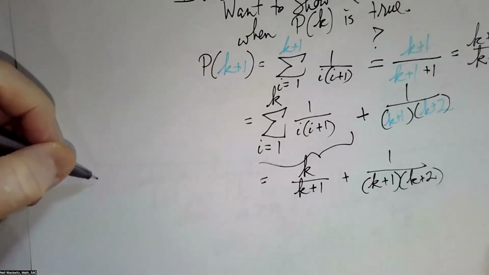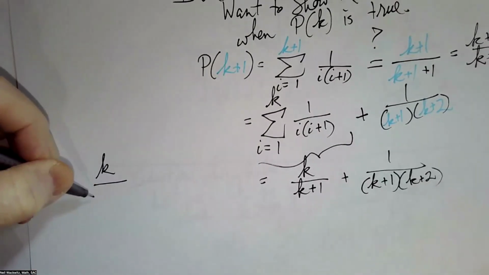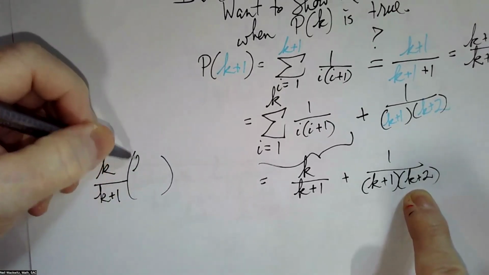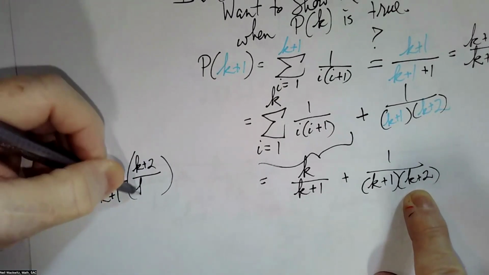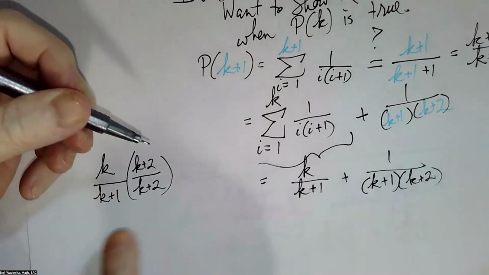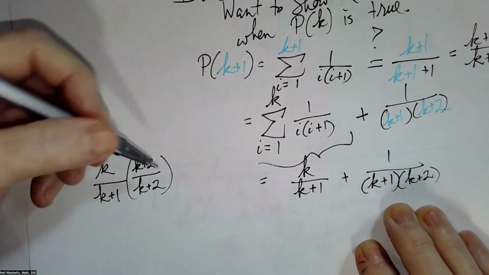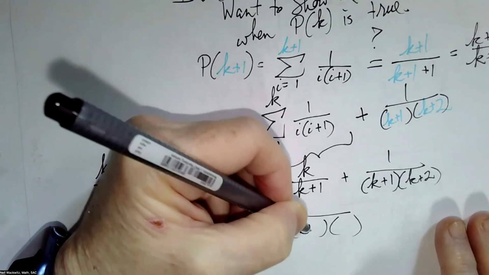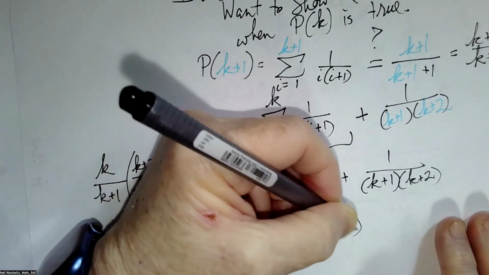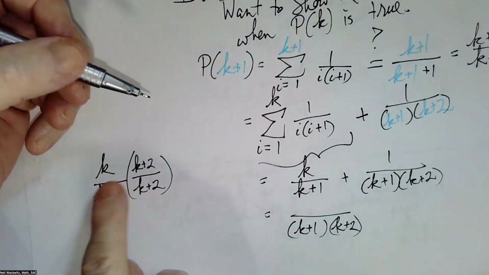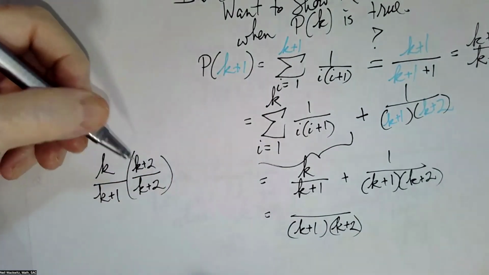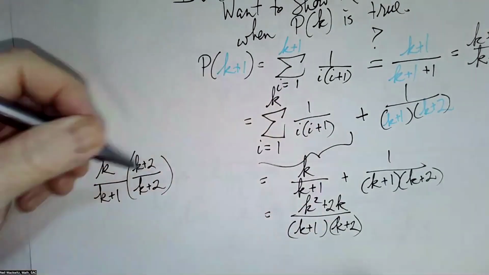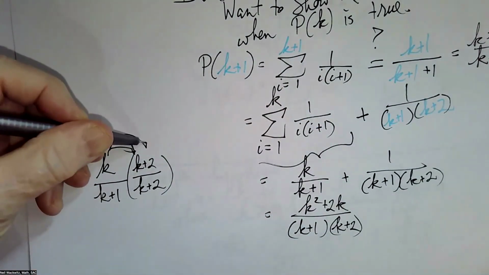So I'm going to multiply K over K plus 1 by K plus 2 over K plus 2, so that the denominator becomes the same. And the numerator is going to be K squared plus 2K, and I've got that just by distributing.